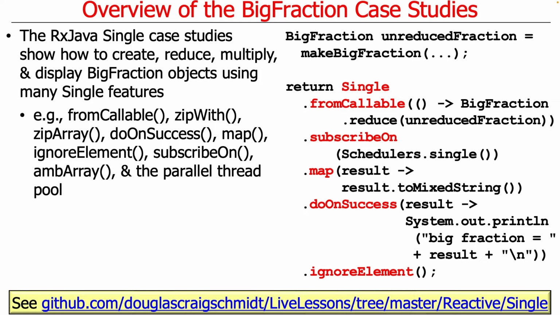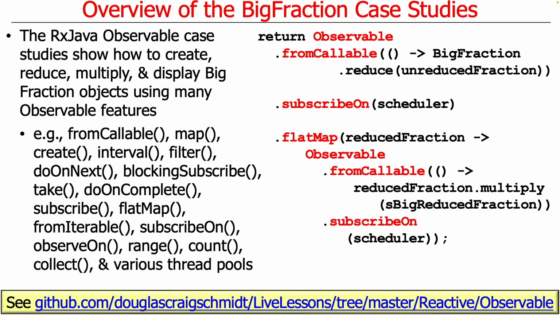So that's one of the things you'll probably notice: if you compare and contrast RxJava Single code with CompletableFuture code from modern Java, the Single code is a little bit more verbose than the CompletableFuture code.